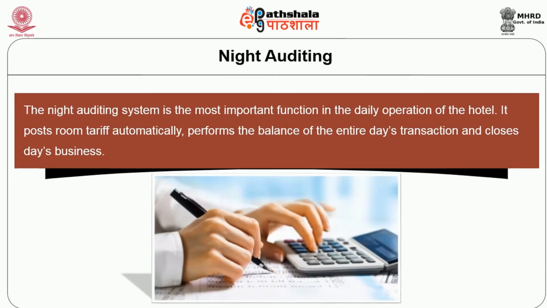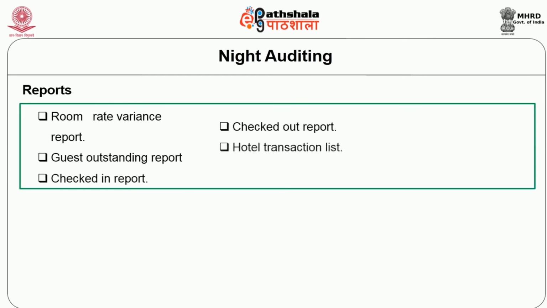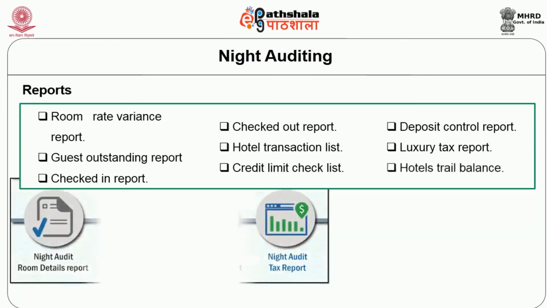Next is night auditing. The night auditing system is the most important function in the daily operation of the hotel. It posts room tariff automatically, performs the balance of the entire day's transactions and closes the day's business. So now we'll see what are the reports which have to be maintained.